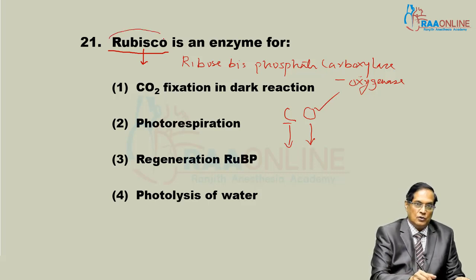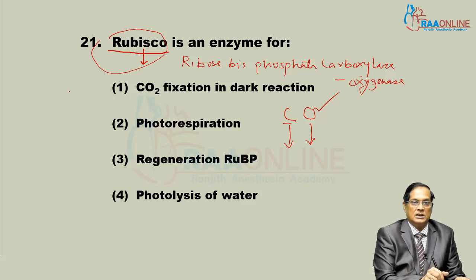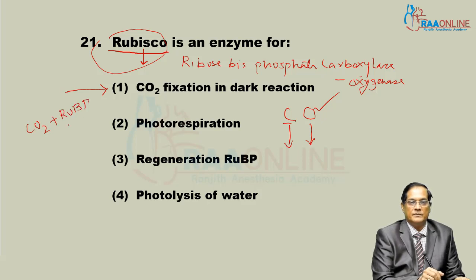So Rubisco, its utility: it's a main enzyme responsible for the carboxylation of RuBP. This enzyme is concerned with the carboxylation of RuBP. It is the first step of the Calvin cycle, resulting in the formation of 3-PGA as the first stable product.